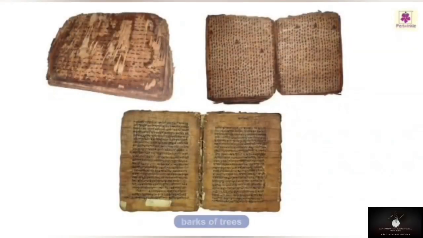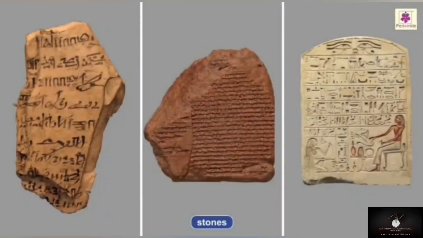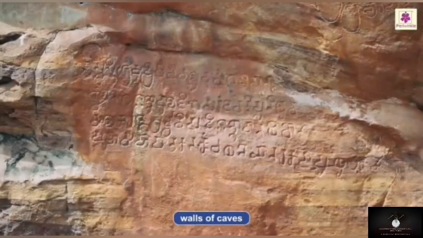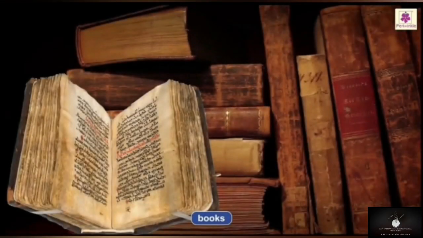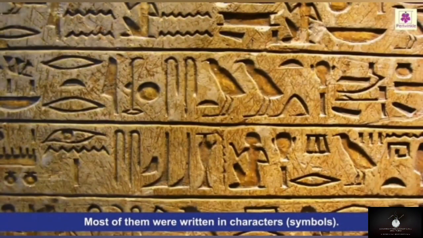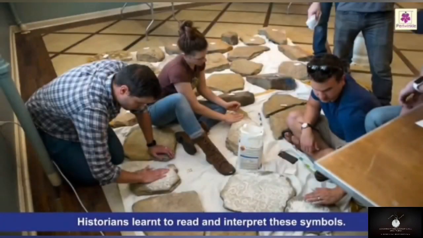They wrote on barks of trees, stones, tanned animal skin, and walls of caves, and even books. Most of them were written in characters, that is, symbols and languages which modern man does not know. Historians learn to read and interpret these symbols.